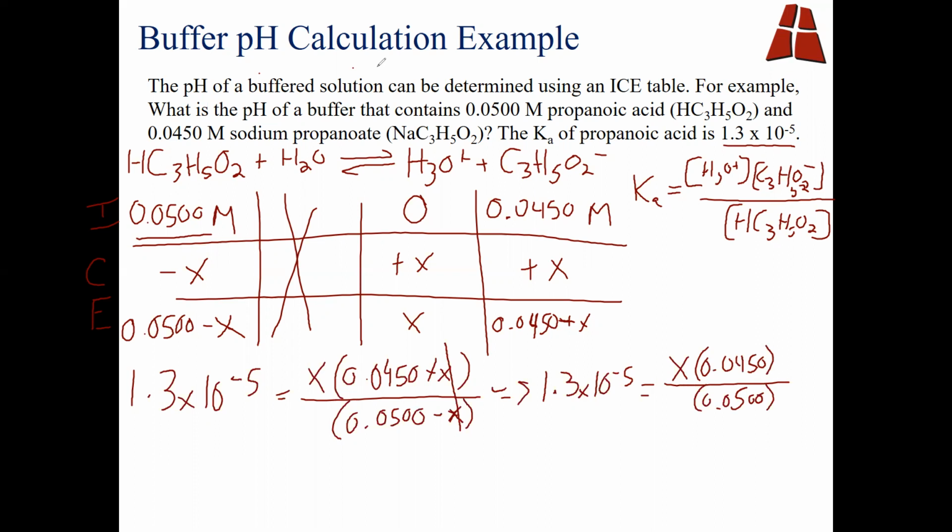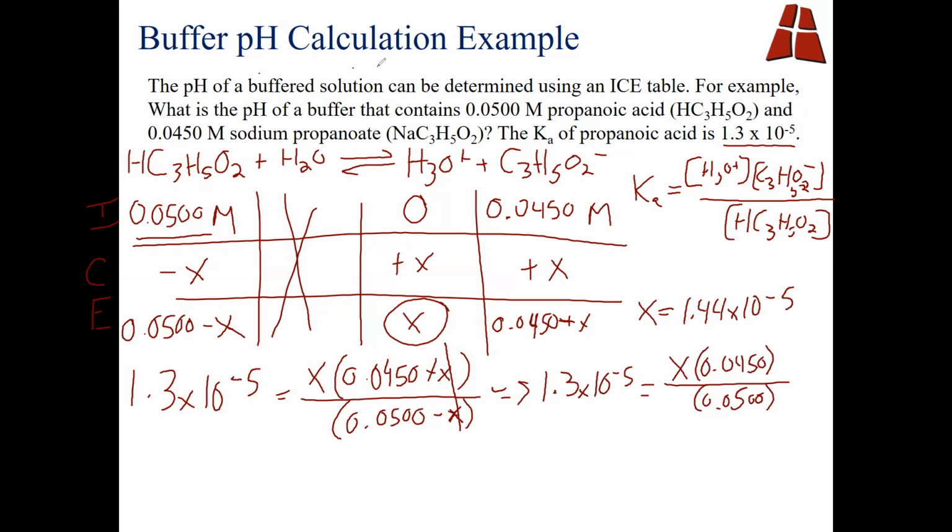We just need to do some multiplication, and when we do that, I got a value for x equal to 1.44 times 10 to the minus fifth. And we know that this x value is equal to our concentration of hydronium at equilibrium.